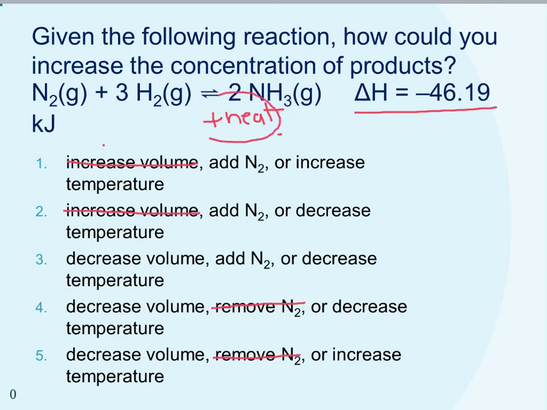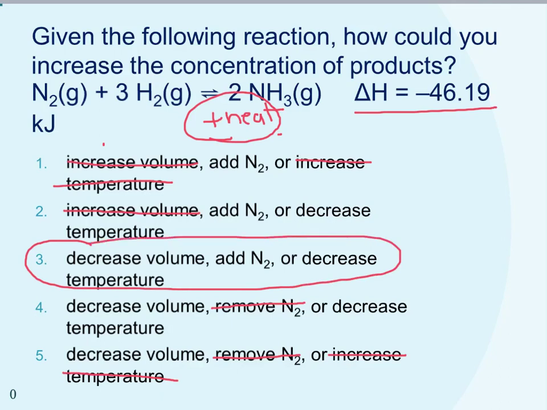So I'm removing my product here, and as a result, I'm going to drive this reaction to the right and favor the formation of NH3. And so by decreasing the temperature, I can favor the formation of products. So I don't want to increase the temperature. So I'm going to mark out the 2 increases of temperature. And what I see is that number 3 is the only one where all 3 of these things will result in the formation of more NH3.